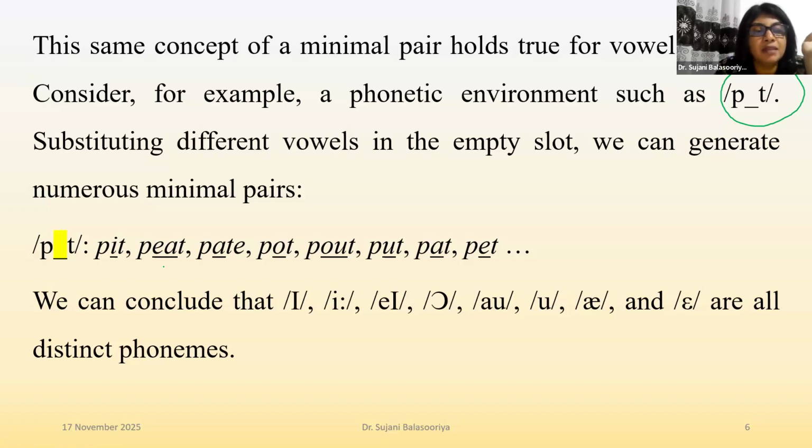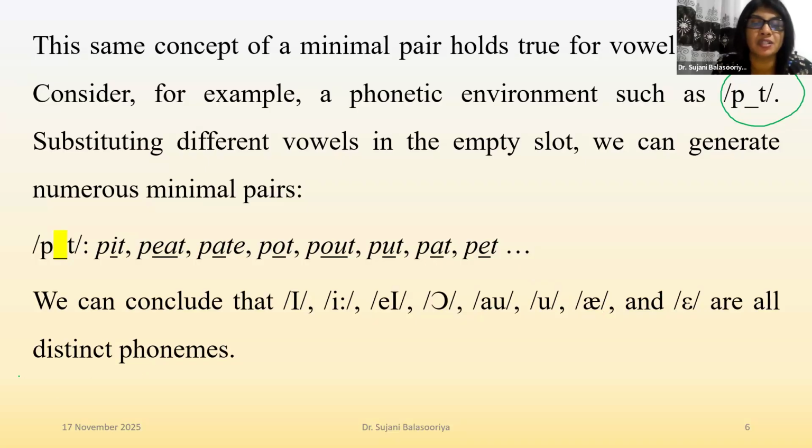First word pit, then peat, pate, pot, pout, put, pat, pet. In all these words, same phonetic environment, which means same initial and final consonants, but only the middle is different. Middle means we have these vowels. First one i in pit, second one ee in peat, and third word ay in pate, and next one o in pot. Next in pout we have the ow sound, and u in put, a in pat, e in pet.